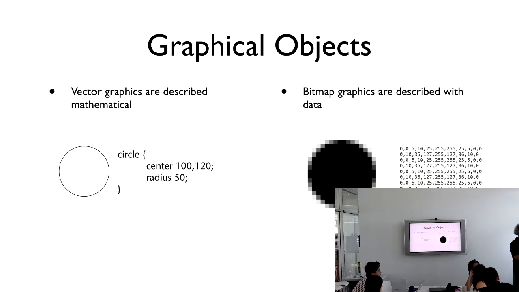But you can also have PPI, pixels per inch, or points per inch, or points per pixel. But resolution refers to how many dots, pixels, points per unit of length.